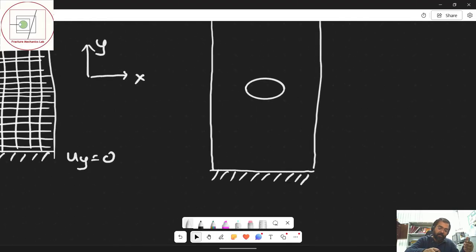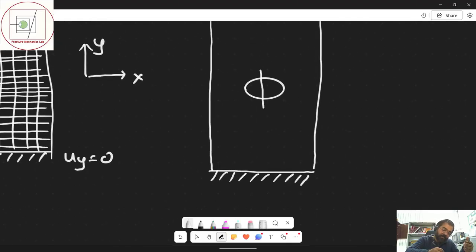This elliptical hole has a major radius in the x direction, let us call it A, and the radius in the minor direction is B. This follows this coordinate system, so this distance is A and this distance is B.